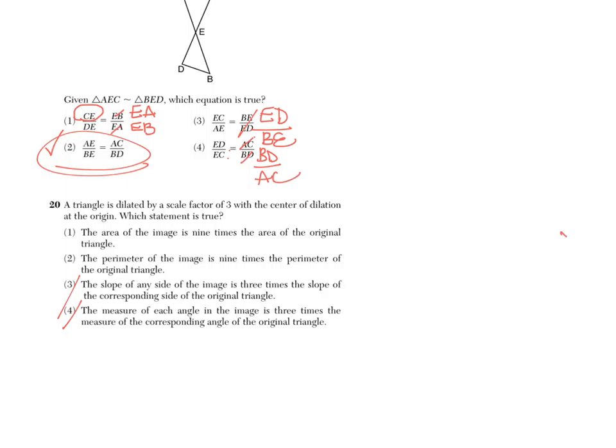It's not 9 times, it is 3 times, so that's not going to work. And the area of the image is 9 times the area of the original triangle. Yes, we go with that as far as area is concerned, because if the scale factor is 3, we square that and we do end up with 9, so this works.